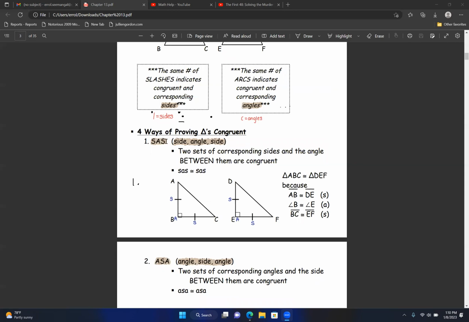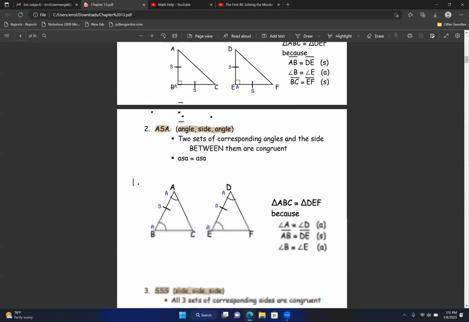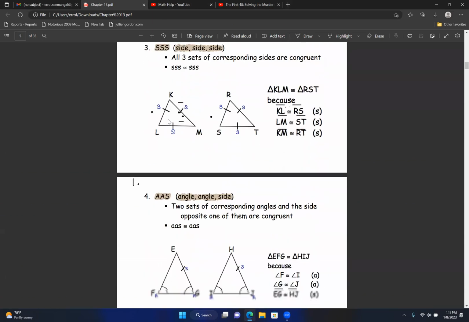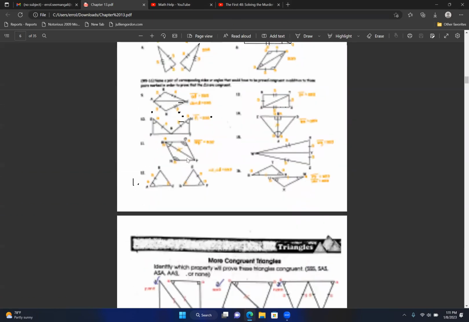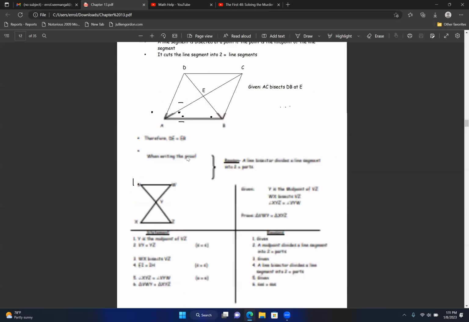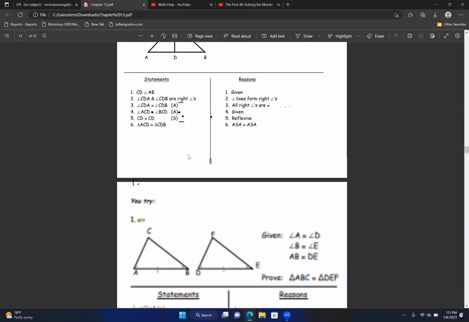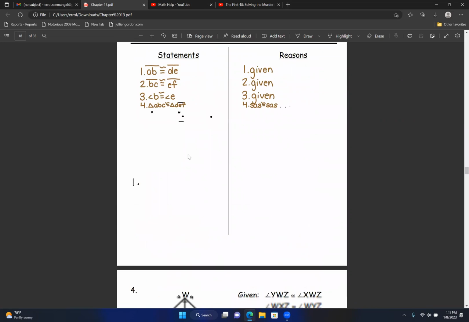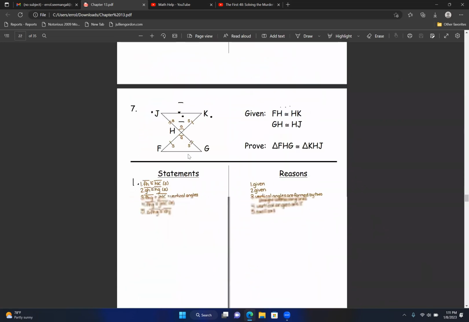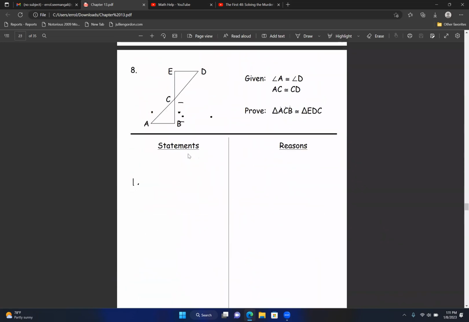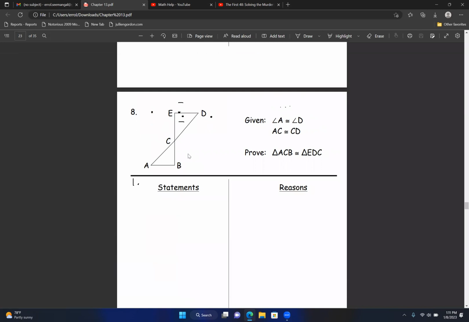We have to prove it using one of those four. So which one of those four is this one going to be? SAS.